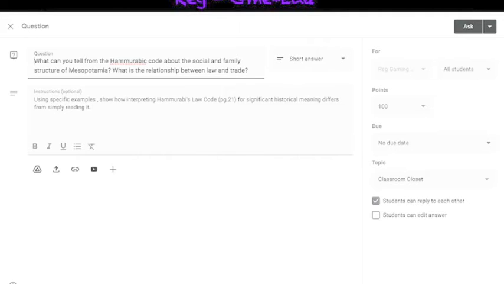Together, read through the excerpt that you see. One of you answers the first two questions, then the other student answers these questions, right? What can you tell from the Hammurabic Code about the social and familial structure of Mesopotamia, and what is the relationship between law and trade? So now these two students have read through it together, and one can tackle two questions, and the other can tackle the other two.